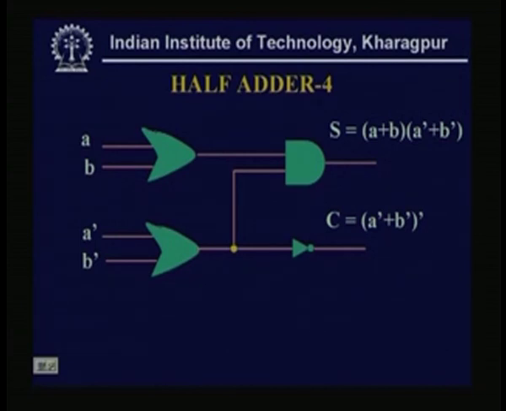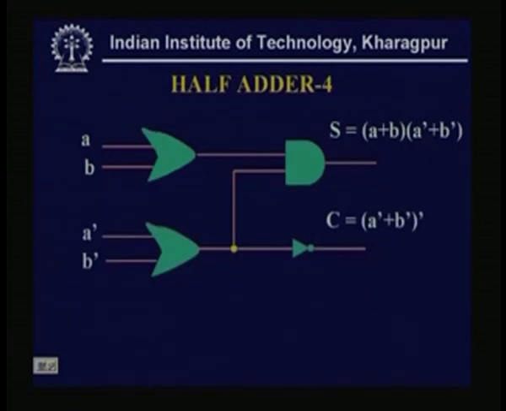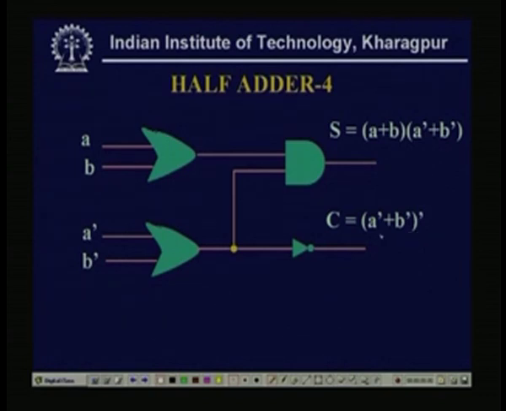Now, this is again another realization. The sum is the same, A plus B into A dash plus B dash, as we have already discussed in the sum part. Now, the carry is A dash plus B dash. How? This is simple.